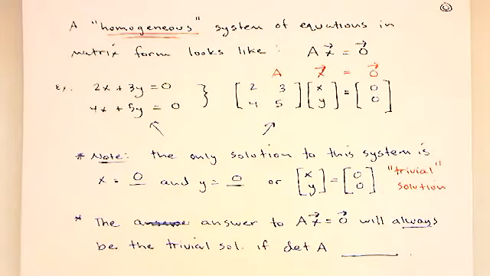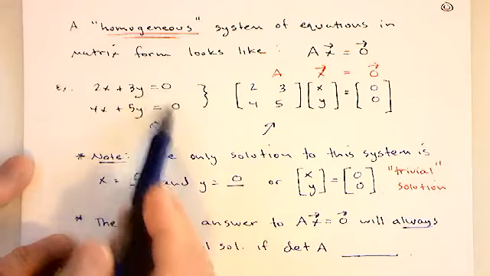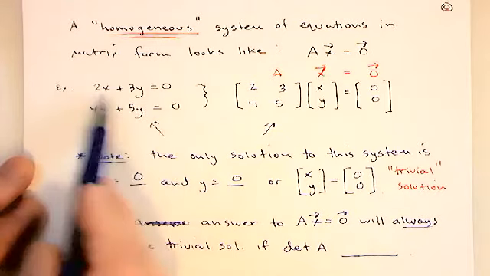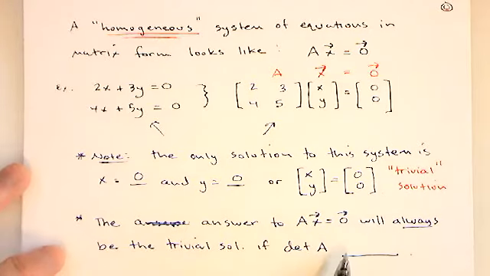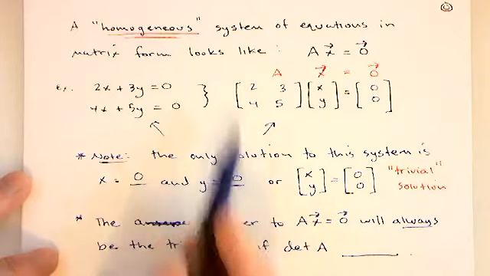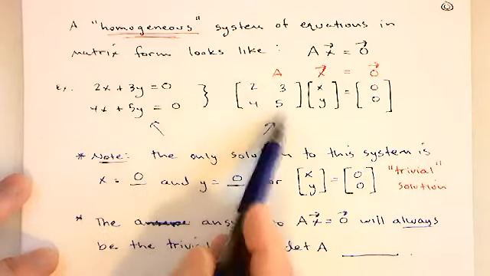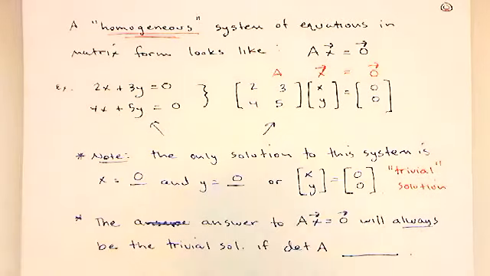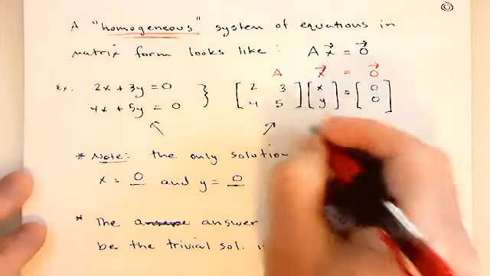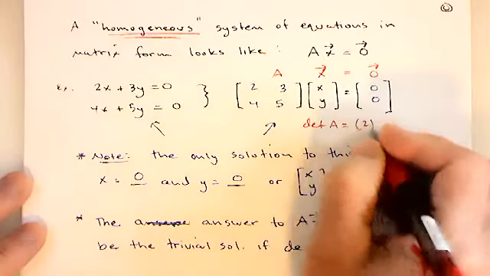Now, if you solve a homogeneous system like this, where the right-hand side is always 0, 0, then 0, 0 would almost always be a solution, right? And one way you can tell that is by the determinant of my coefficient matrix. Let's do that right up here. My determinant here would be 2 times 5.